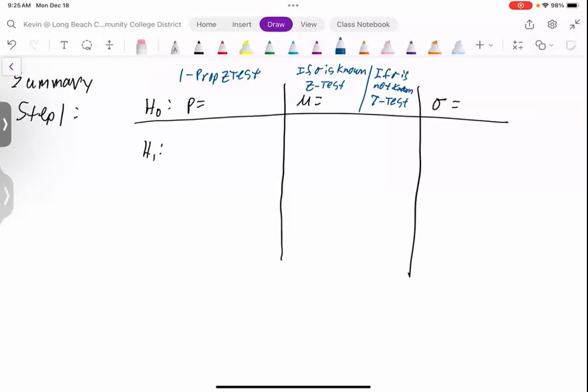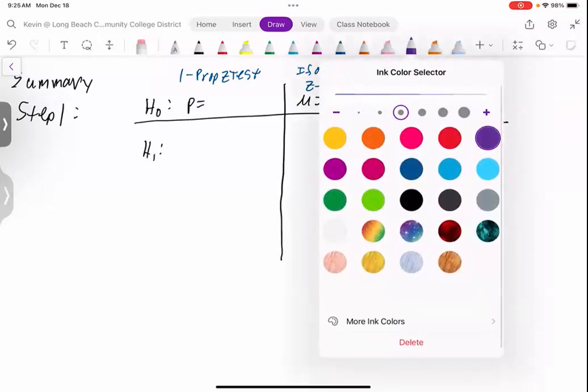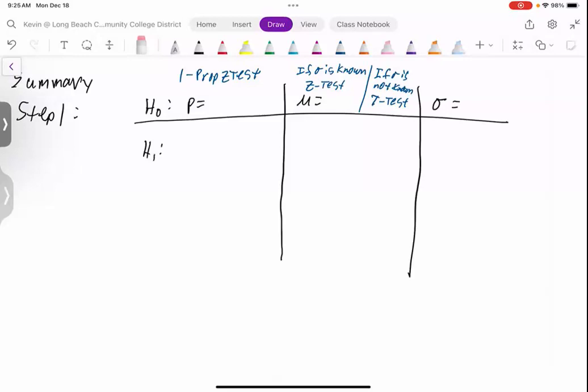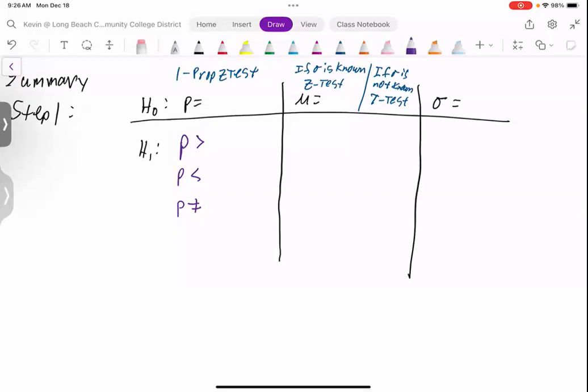Our alternative hypothesis, let's go back to here, is going to be, for the proportions, P is bigger than, P is less than, or P is not equal to. For mu, it's going to be mu is bigger than, mu is less than, or mu is not equal to. And same with sigma. Sigma is greater than, sigma is less than, and sigma is not equal to.